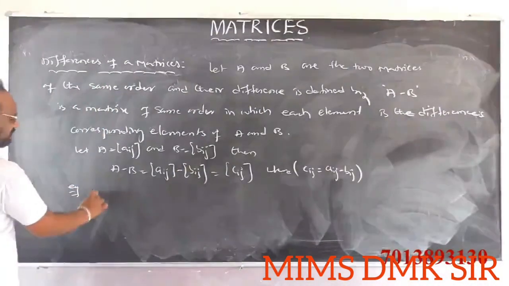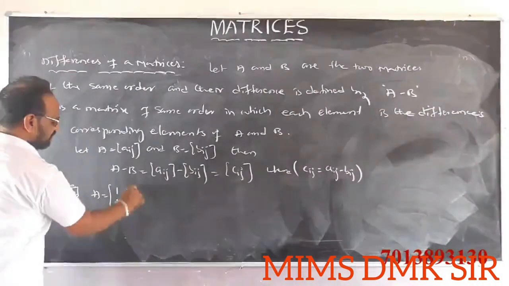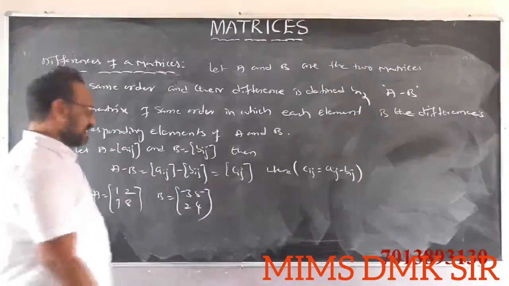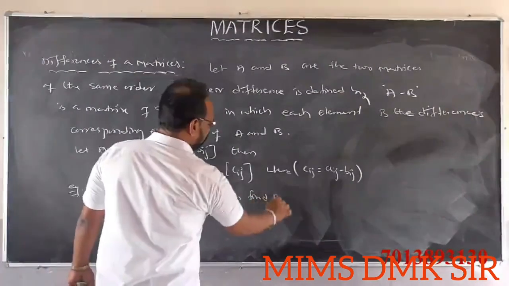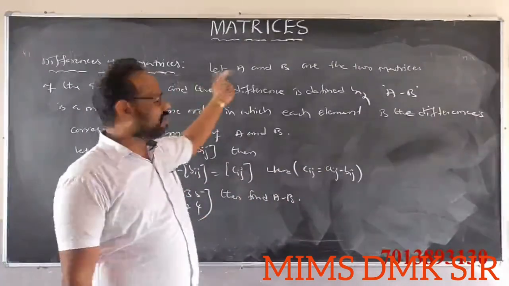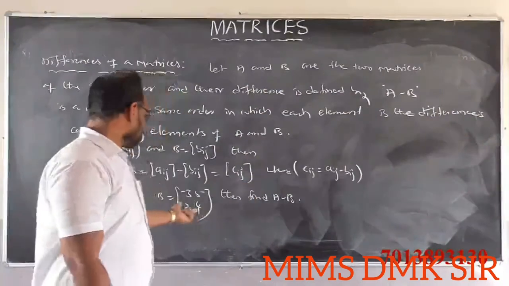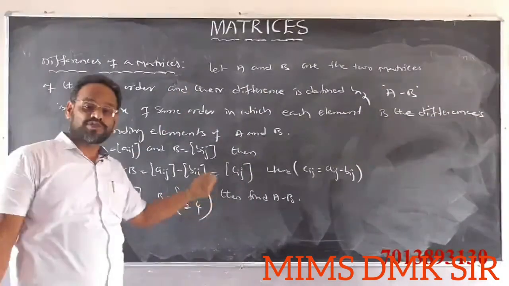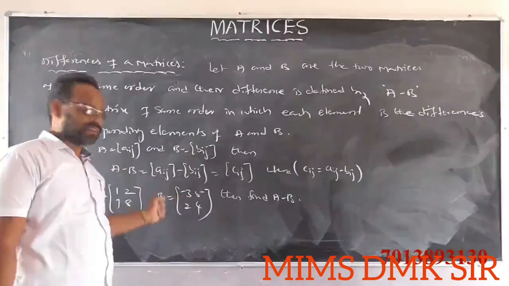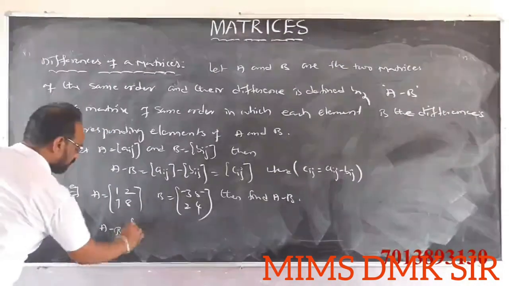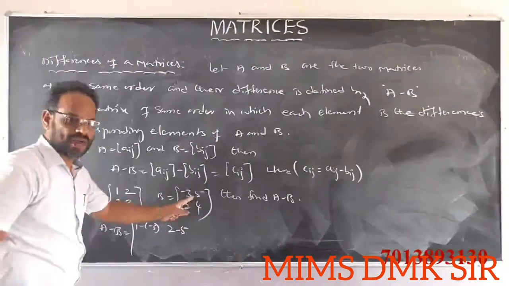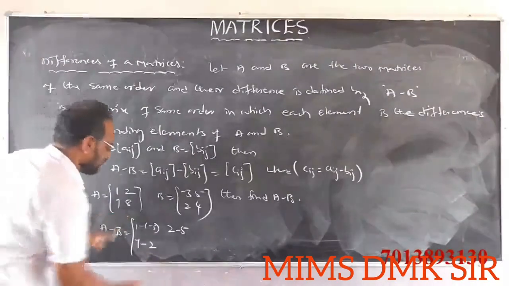Let us discuss one example here. If A is the matrix with rows 1, 2 and 7, 8, and B is the matrix with rows minus 3, 5 and 2, 4, then find A minus B. A minus B is the difference of the two matrices A and B, in which each element is the difference of the corresponding elements of A and B. That means A minus B is equal to 1 minus of minus 3, 2 minus 5, 7 minus 2, 8 minus 4.